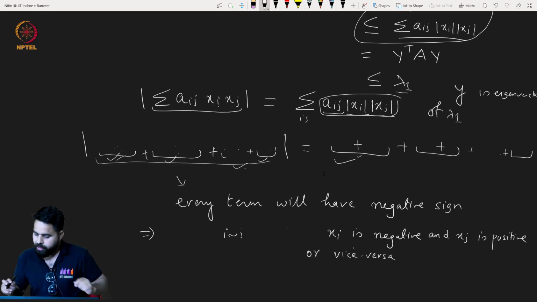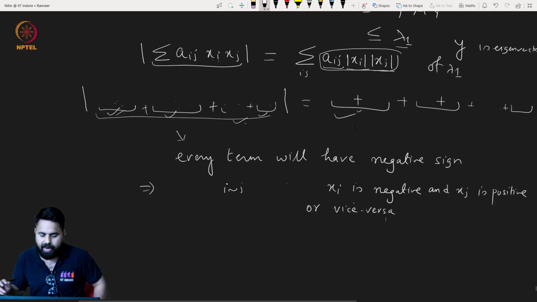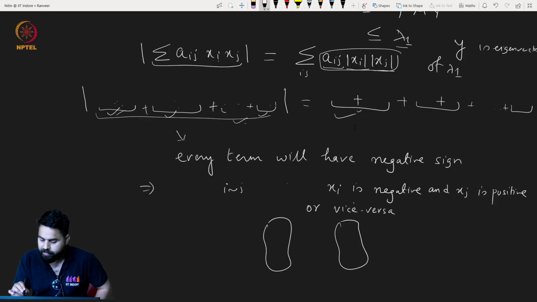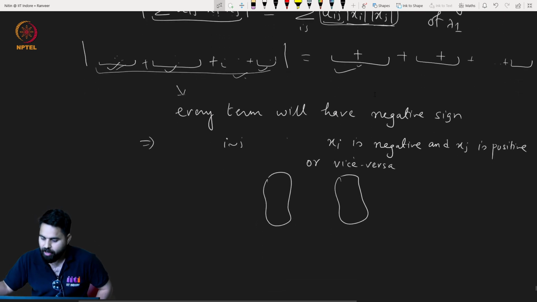Okay, very good. So that means what? There are no edges such that the endpoints of both have the same sign. So basically we can now partition the vertices into two parts.